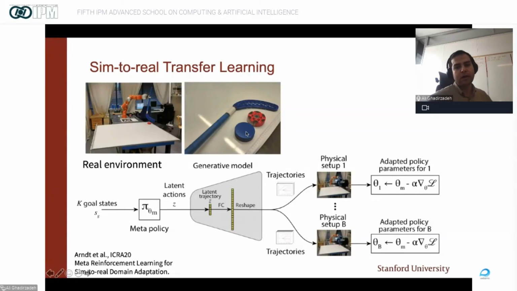For example, the blue puck has different physical parameters compared to the red puck. Since our meta learner has been trained enough in simulation to solve different physical properties, now that it's placed in the real world, it can also do this task in few shots. So this is one way that we can do few-shot adaptation from simulation to reality using a concept called meta-learning.